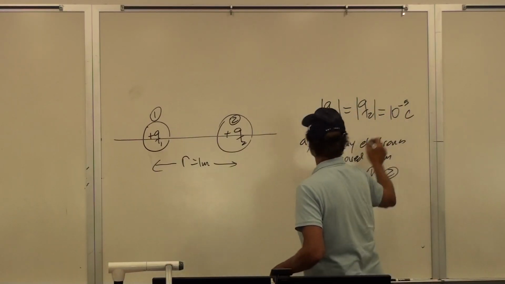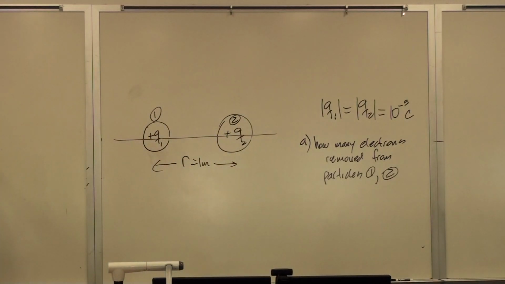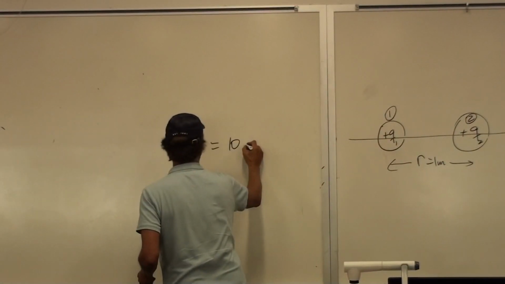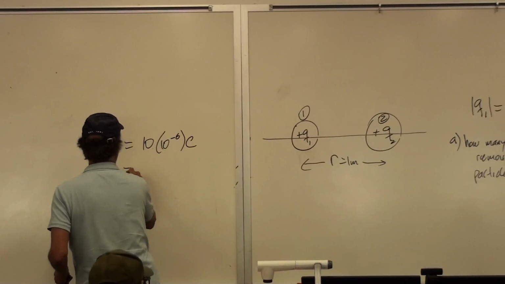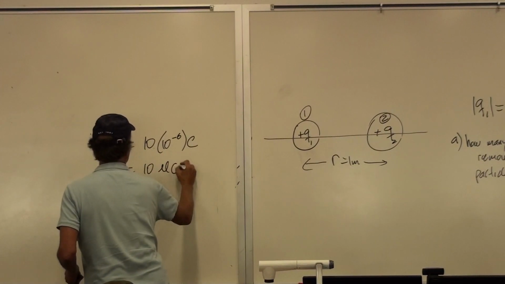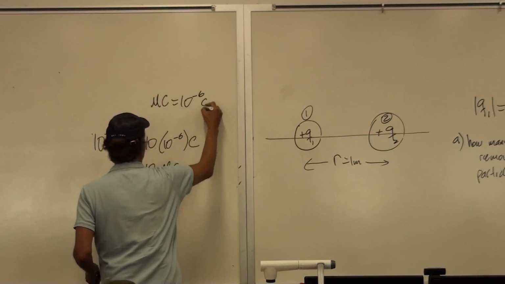In order to produce this charge, we call this 10 microcoulombs. 10 to the minus 5 coulombs is 10 times 10 to the minus 6 coulombs, which is 10 microcoulombs, where a microcoulomb is 10 to the minus 6 coulombs.